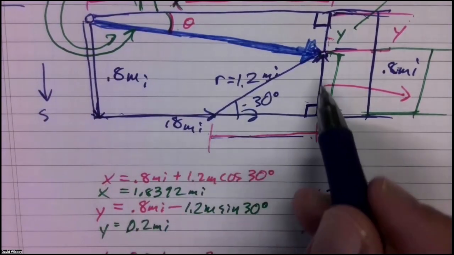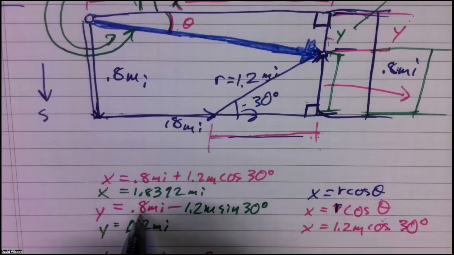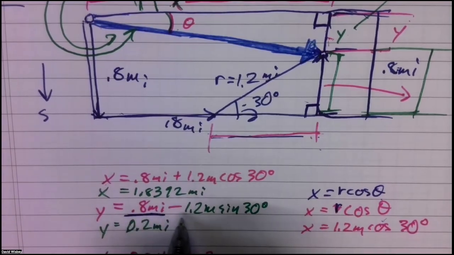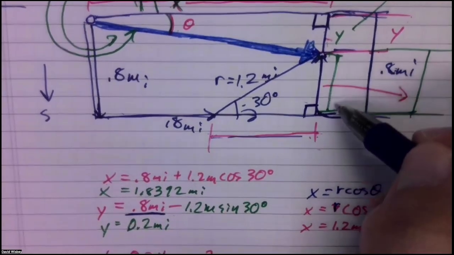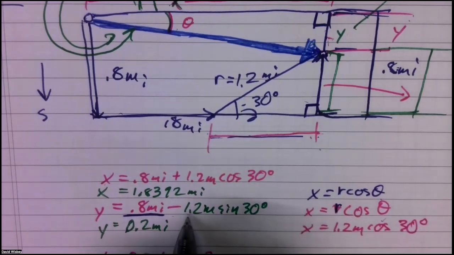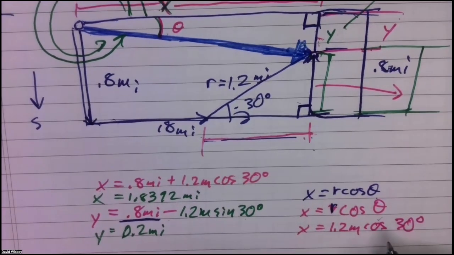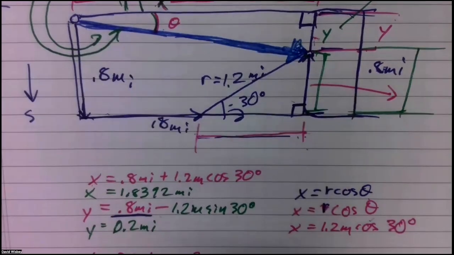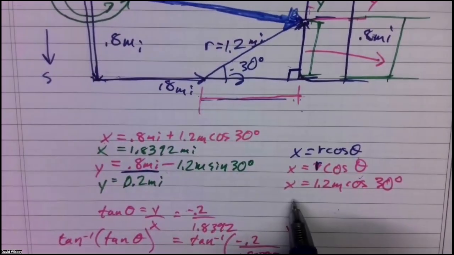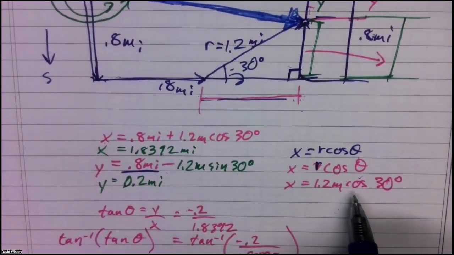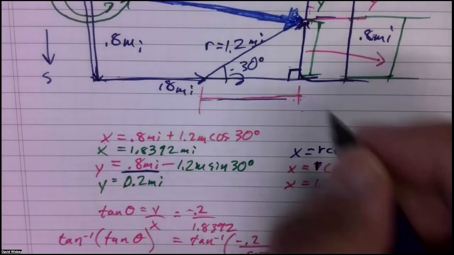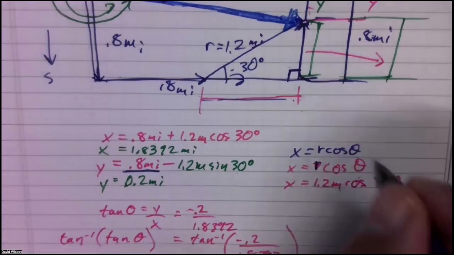So that means I've got my total distance here, 0.8. And I'm going to subtract this little piece of the triangle right here. I'm going to use sine of theta, because sine is the opposite equals the hypotenuse times sine of the angle.